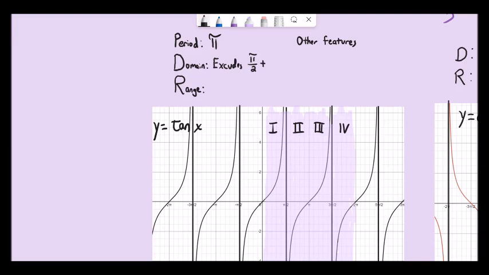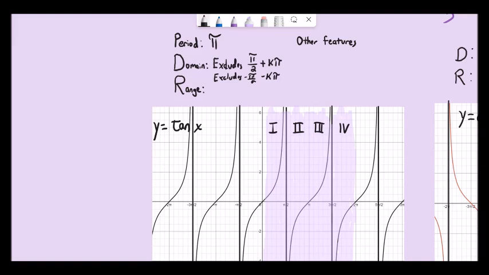So let's say k times pi, and that also works on the negative side of the line. So I guess that would be excludes negative pi over 2 minus k times pi.